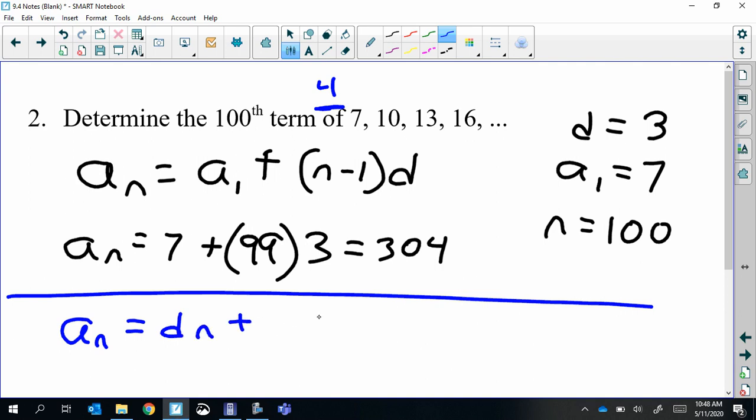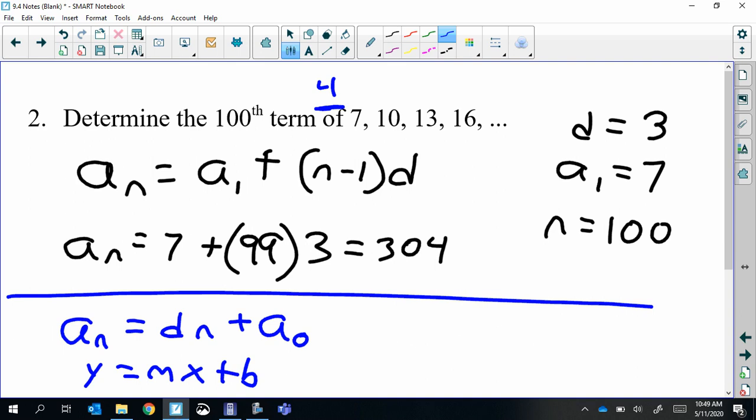dn plus c, or you can call it a0, whatever you want to call it. But I don't think it's confusing or hard, because this is y equals mx plus b. That's all it is. b is the y-intercept, so the 0 term in this case. m is the slope, that's what we're changing by each time. And x is just how far out we're going.